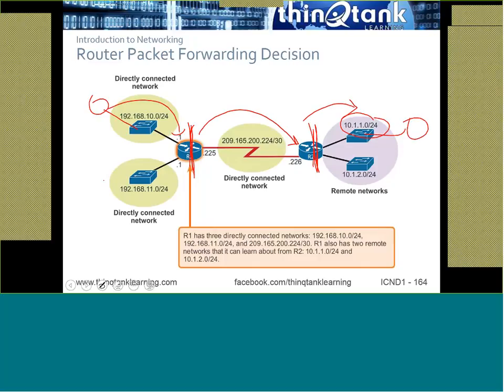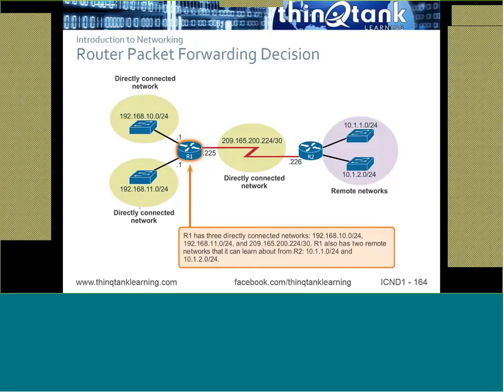All right? Once a router has made a forwarding decision, its job is done. In other words, once the packet leaves router 1 and goes to router 2, router 1's responsibility for that packet no longer exists. It's up to router 2 then to ensure that that packet reaches its final destination.